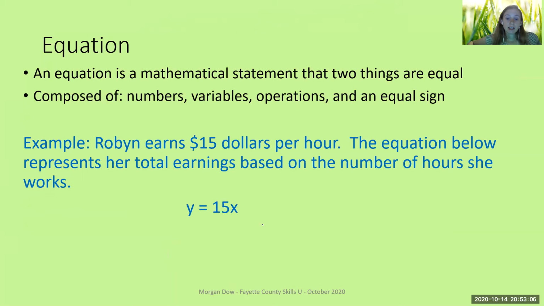So we said that this thing here is an equation that's representing this relationship between earnings and hours, right? So this equation is showing us a function. An equation is just a mathematical statement that two things are equal to each other.